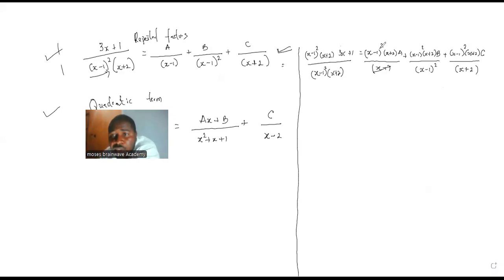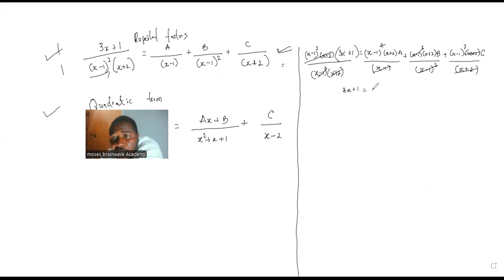So this one is going to take out one term. These particular terms here are going to cancel out, which we know already. This term here is going to cancel out this term. This term also is going to cancel out this term. So what we are left with is 3x plus 1, which is over here, right?